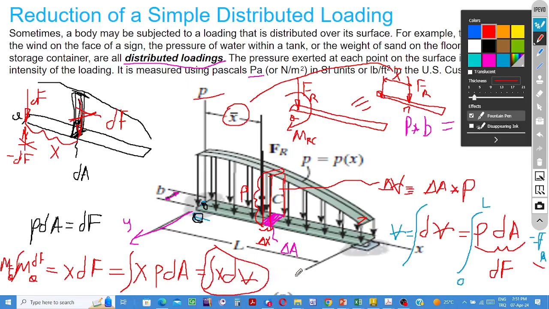Also, the magnitude of the resultant force is equal to what? P times dA, the integral of this one. For the given load curve, the resultant force is equal to the volume under the load curve.